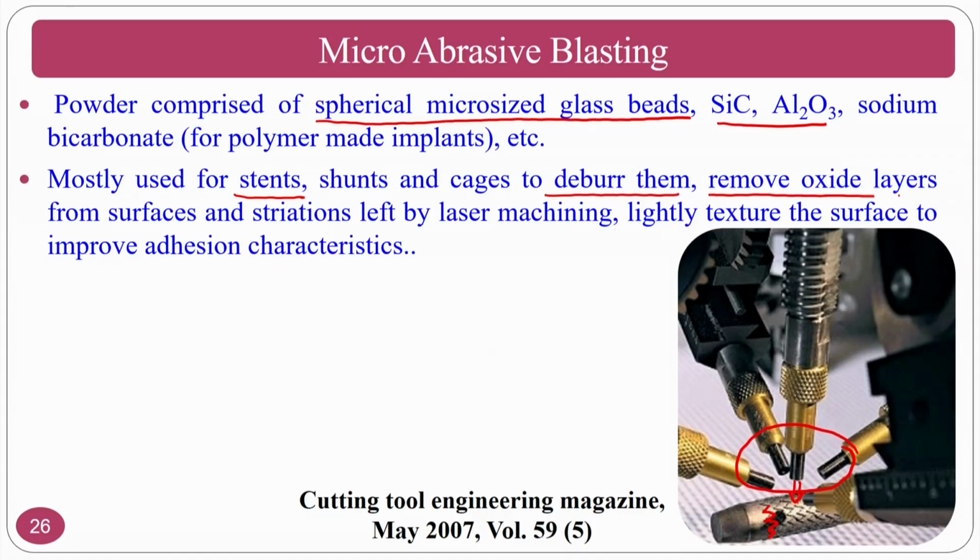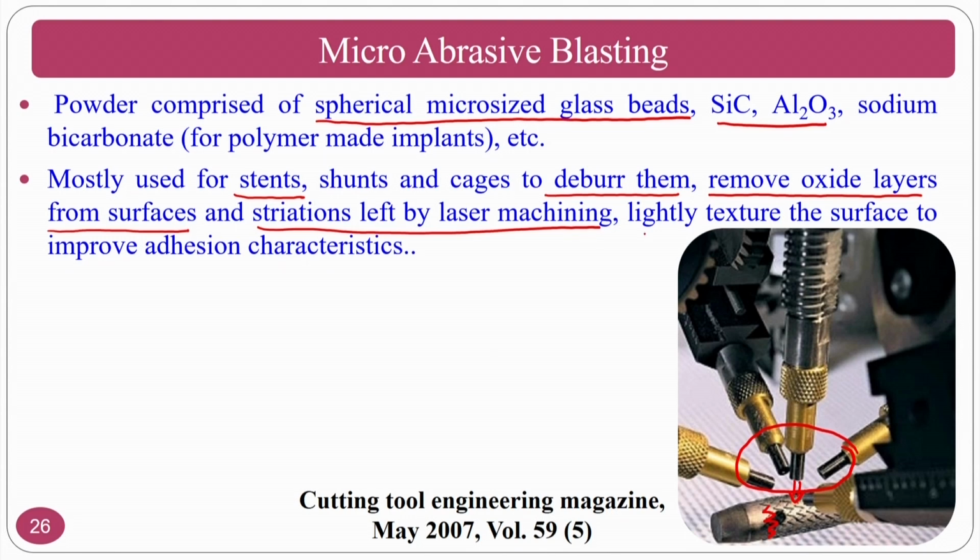Another use is to remove oxide layers from the surfaces and striations left by laser machining. Normally the laser beam passes pulse by pulse, so there will be some milling-type feed marks, like remelting zones.